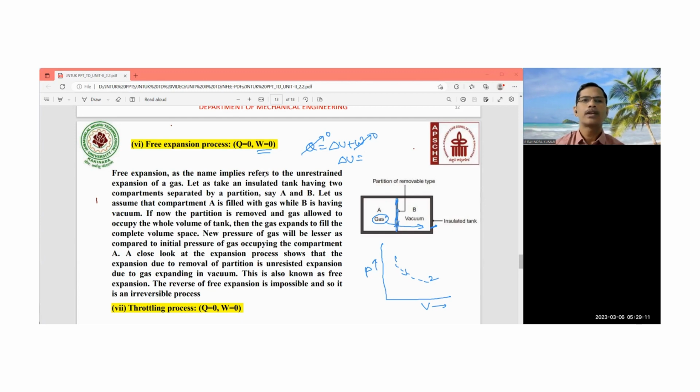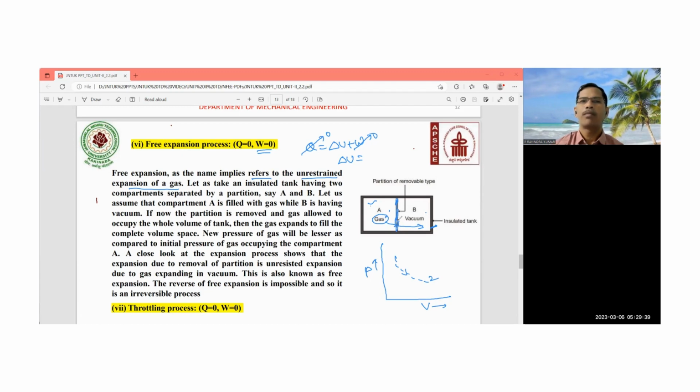So free expansion of a gas, as the name implies, refers to the unrestrained expansion of the gas. Let us take an insulated tank having two compartments separated by a partition, and assume that compartment A is filled with gas while B has vacuum.